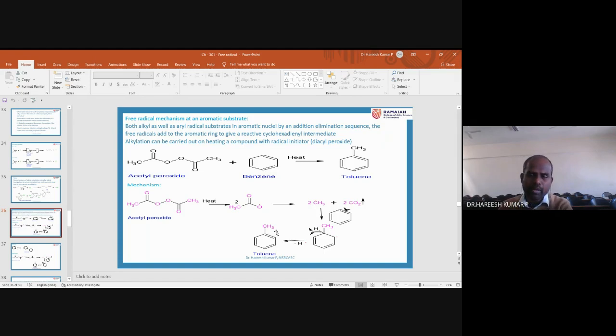So how do you convert a benzene to toluene? It is possible just by treating with the acetyl peroxide.